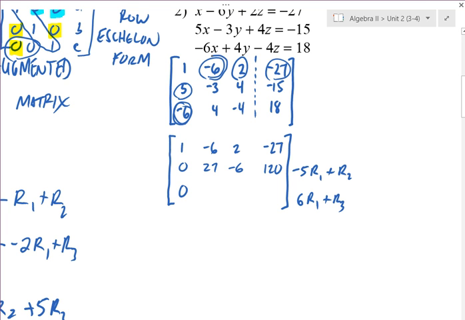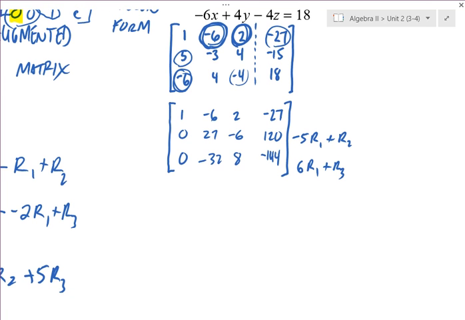Then I get, up here I get -36 plus 4 is -32. 12 and -4 is 8. 6 times -27 plus 18 is -144.